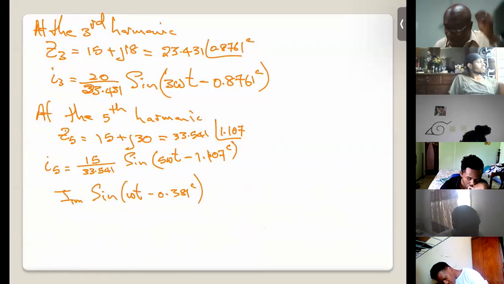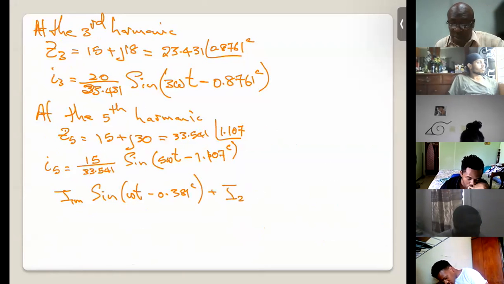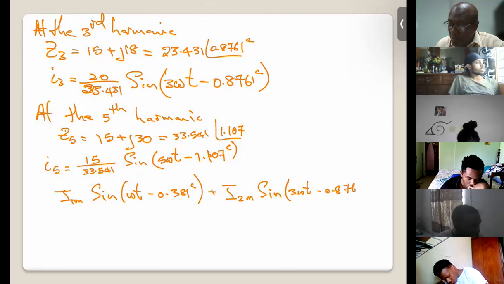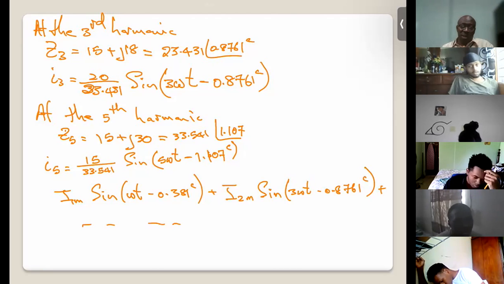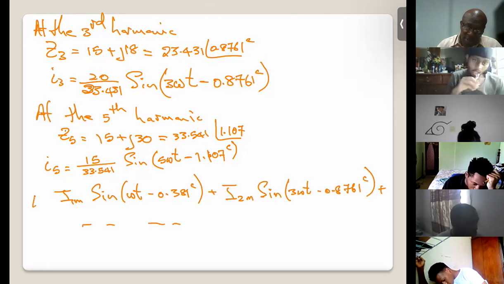And remember, for radians, plus the I3m, which is whatever that works out to be, sine 3 omega t minus 0.8761 radians plus, and so on. And that's the expression. That is what you're asked for.